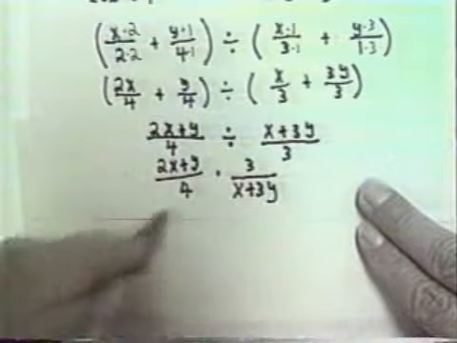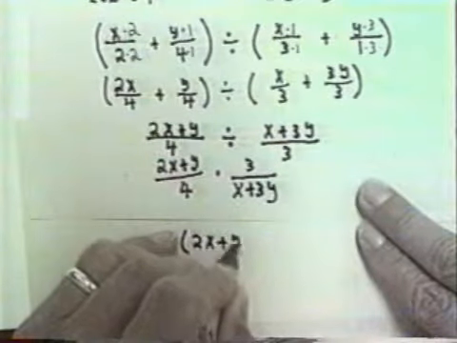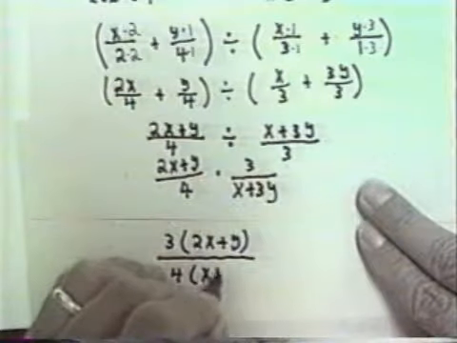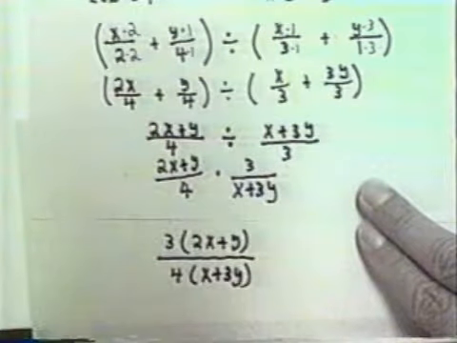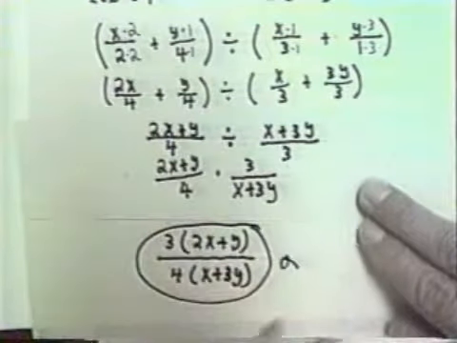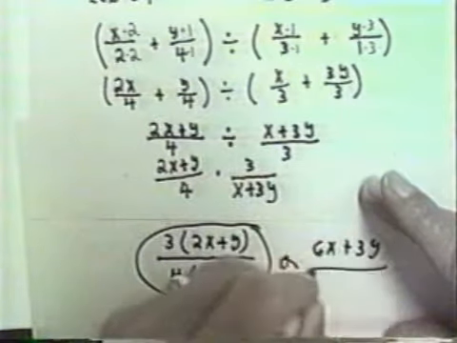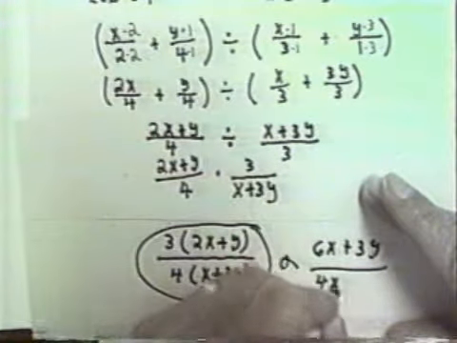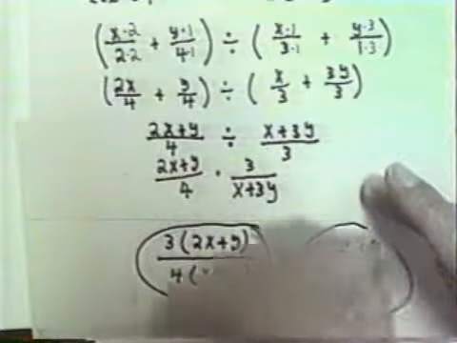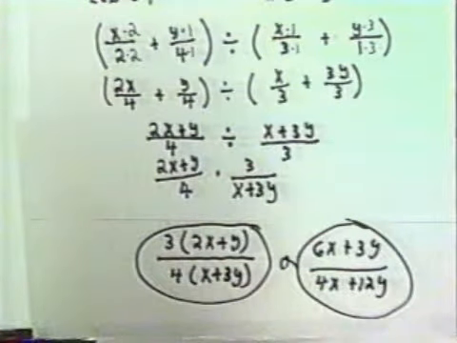So if I multiply, I would have 3 times 2x plus y over 4 times x plus 3y as my answer. Or I could write it as 6x plus 3y over 4x plus 12y. Either way is considered a proper way of expressing your answer.